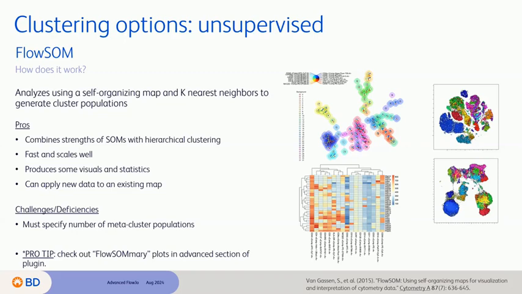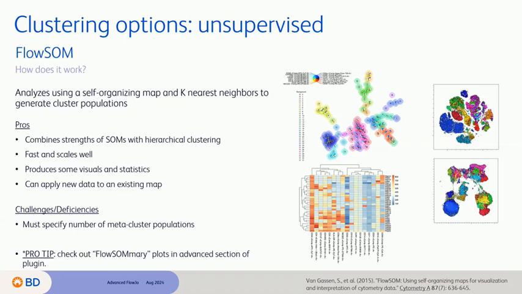With the additional outputs that you get, right, the self-organizing map and the heat maps, that can help you interpret those results more so than just PhenoGraph, where you're getting clusters. However, there are other tools, right? If you wanted to make those kinds of heat maps from PhenoGraph, it's just pretty convenient that it happens directly in FlowSOM.